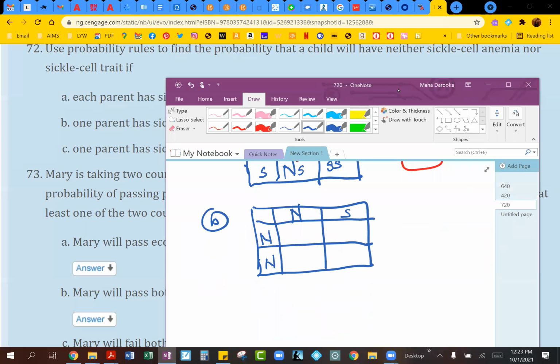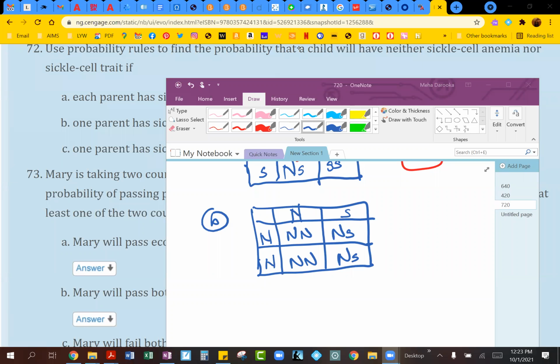So let's see, when we combine the first two together, this would be NN. Second one would be NS, so this child would be definitely a carrier. The third option would be same thing, NN, and then the fourth option would be NS. So basically, two outcomes where they have no carrier and two outcomes where they have a carrier.